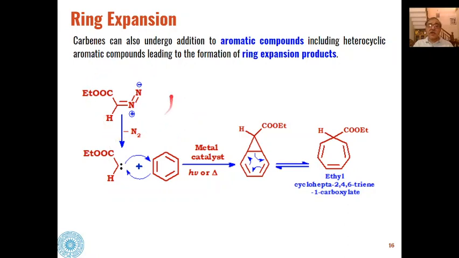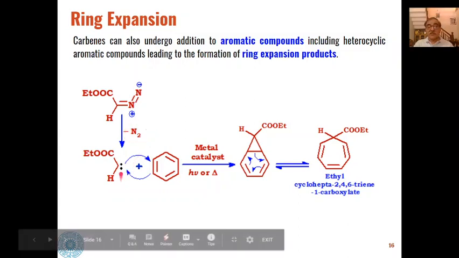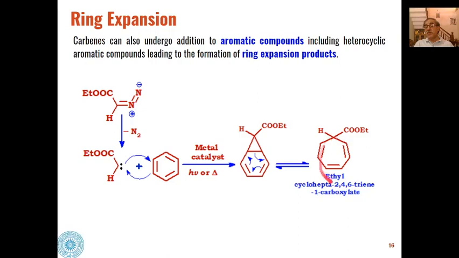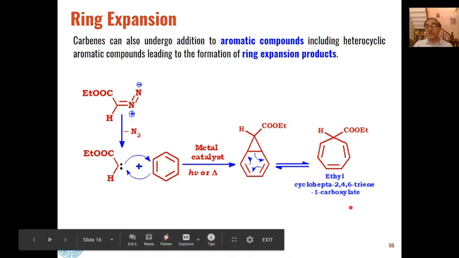For example, if we are having this diazo compound, and when this is heated or on photochemical radiation, we know with the elimination of a molecule of nitrogen, this will give us this type of carbene, and this carbene will add to the carbon-carbon bond of the aromatic compound in the presence of some metal catalyst, and we will get these types of intermediates, and these intermediates will undergo ring expansion reaction to give us this type of product, where the 6-membered ring will be converted into a 7-membered ring. So ring expansion products will be formed.